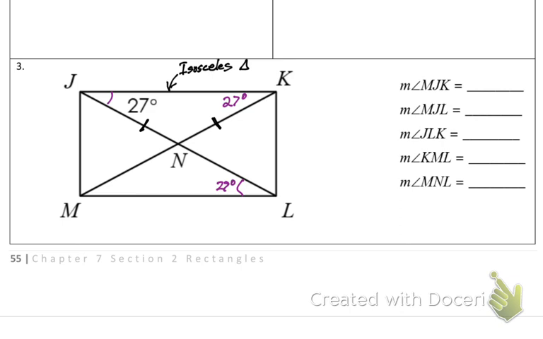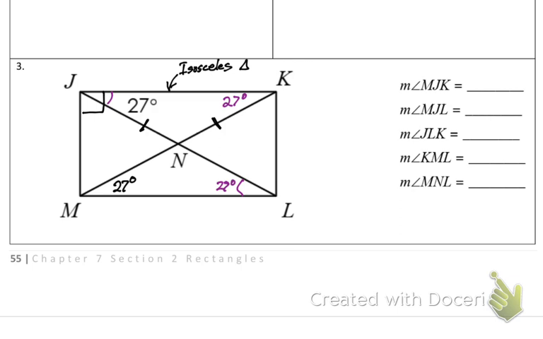So this is an isosceles triangle, and so our base angles are congruent. What does that mean about NML? It's 27 as well. All right, how do I get those other missing angles? Subtract 27 from 90, because all these are 90 degrees.